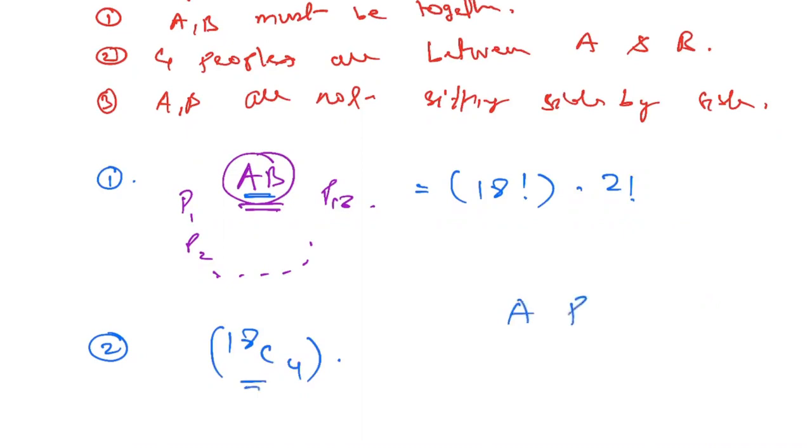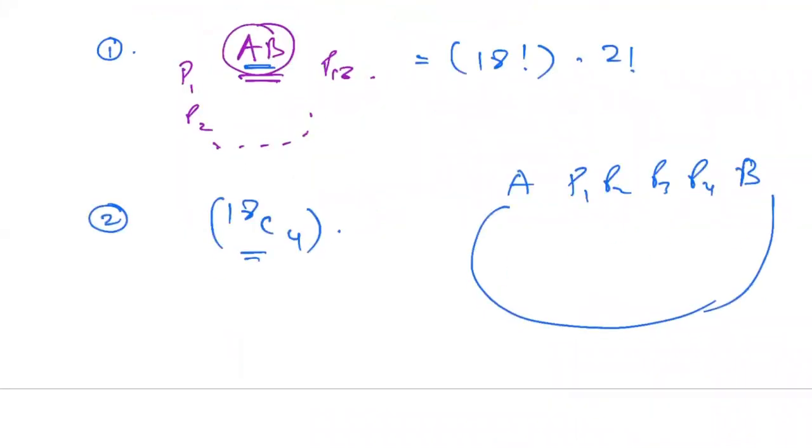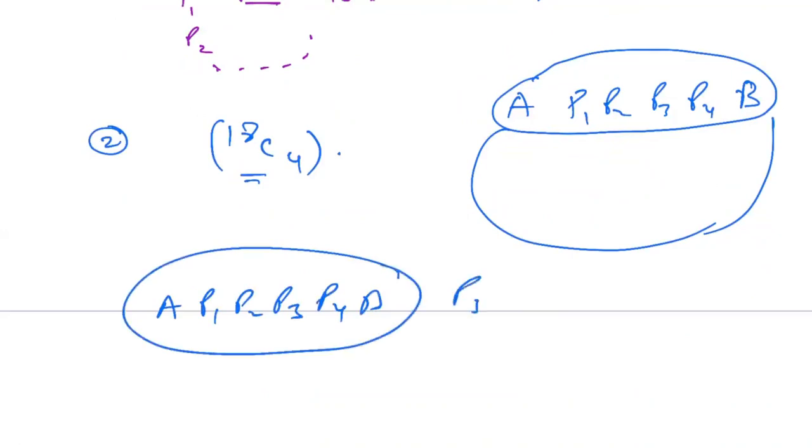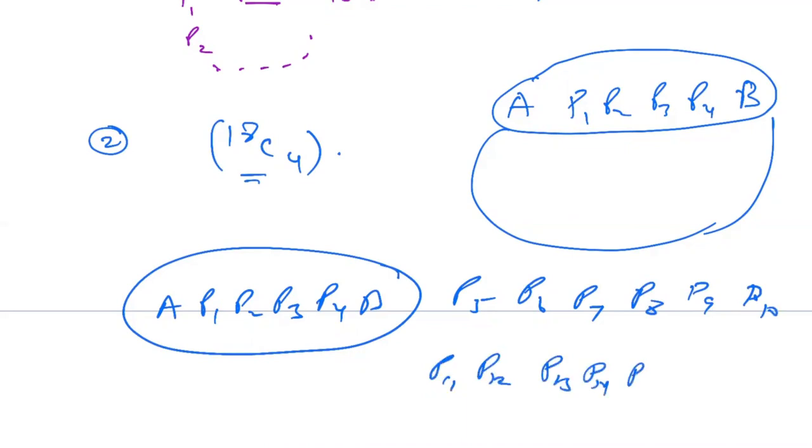A, P1, P2, P3, P4, and B. Now they have to go in a circle, right? So this counting as 1. So A, P1, P2, P3, P4, B is 1, P5, P6, P7, P8, P9, P10, 11, 12, 13, 14, 15, 16, 17, and 18.